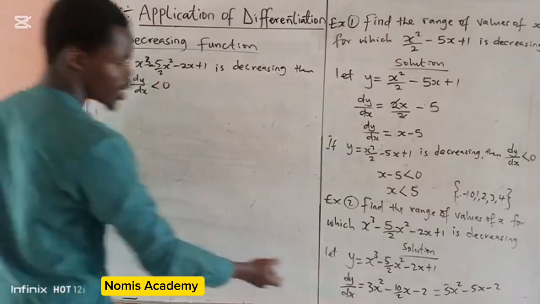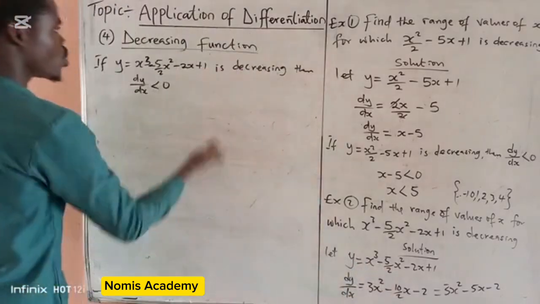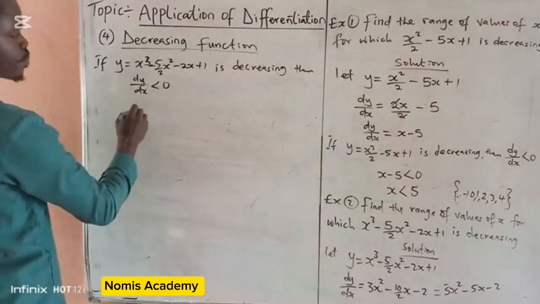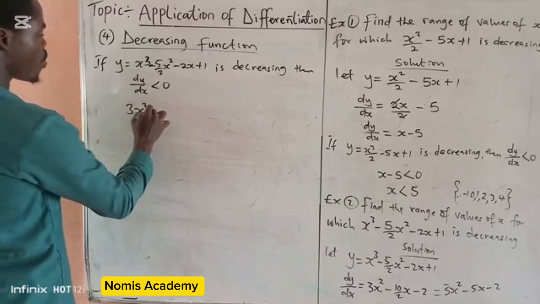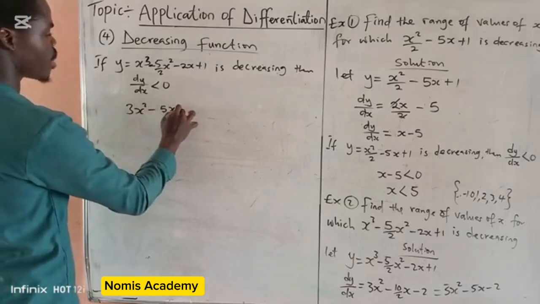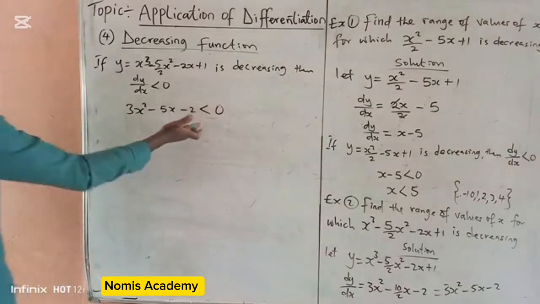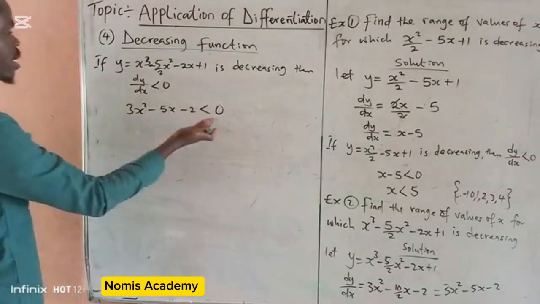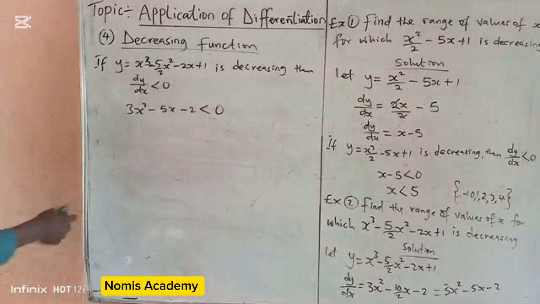So we are going to set the derivative less than 0. That will be 3x squared minus 5x minus 2 is less than 0. So we are going to factorize the left-hand side and then proceed from there.